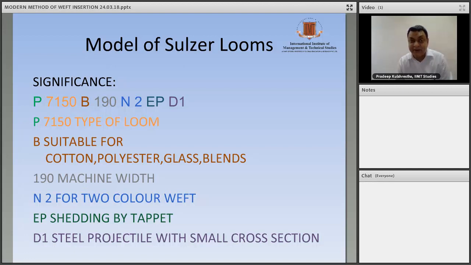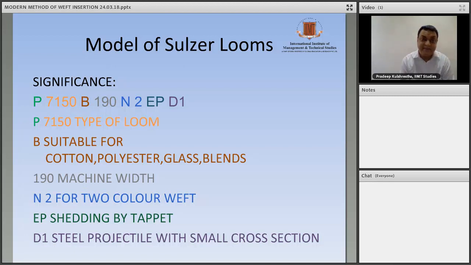P represents projectile, 7150 is the loom series or type, B stands for cotton, 190 is the nominal width of the machine, N2 means a two-color machine with two weft insertion systems, EP means shedding by tappet, basic shedding. D1 means a small cross-section projectile of steel material.